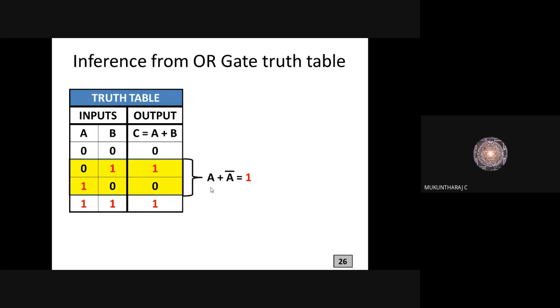For example, if I am considering logic 0 on input A, then the complement of this input is logic 1. So 0 OR with 1 will give logic 1 as the output. This can be observed from this table. Input A has logic 0, input B has logic 1, that means A has 0 and B has the complement of input A, 1. So this combination produces logic 1.